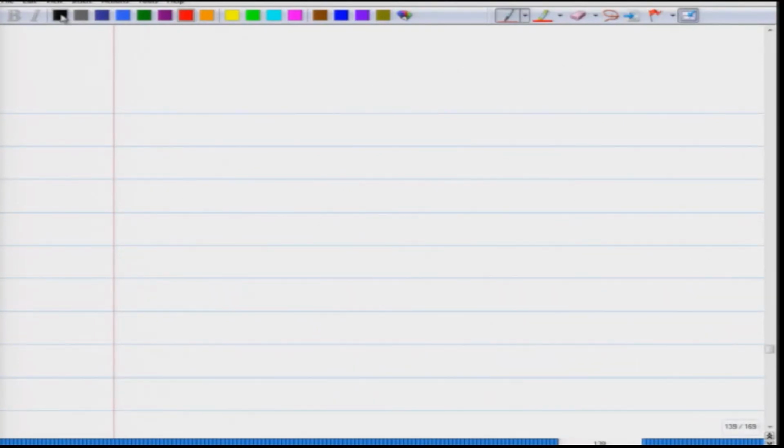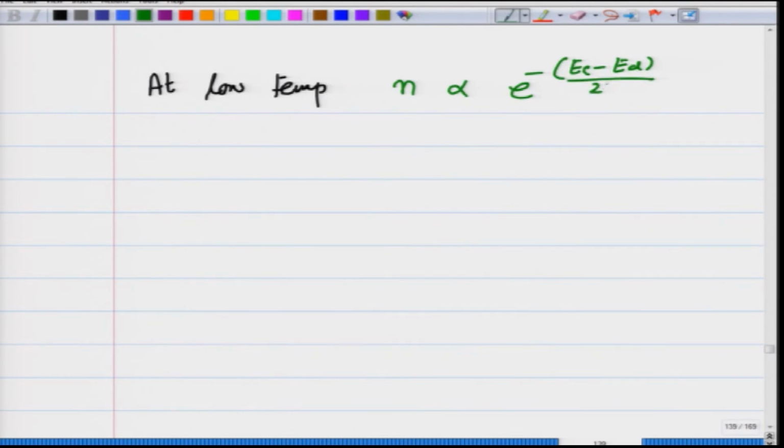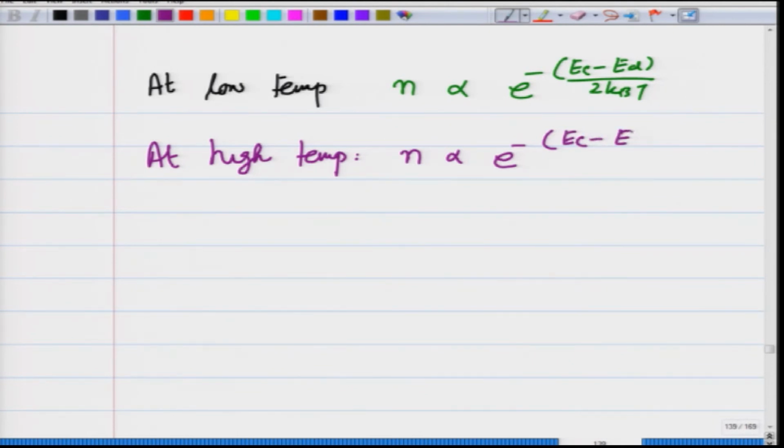So, at low temperatures, n goes as e raised to minus (Ec minus E donor) divided by 2 kBT, and at high temperatures, I had already argued that the domination is going to be from the carriers coming from the valence band, and therefore n is going to be proportional to e raised to minus (Ec minus Ev) over 2 kBT.